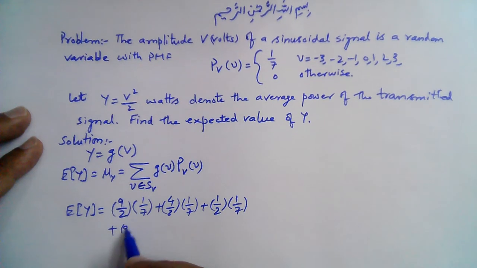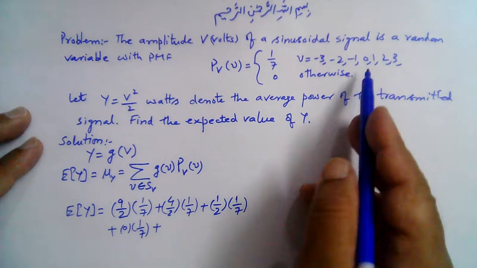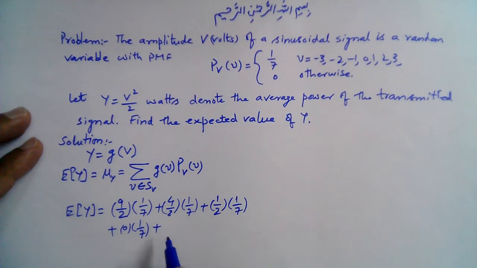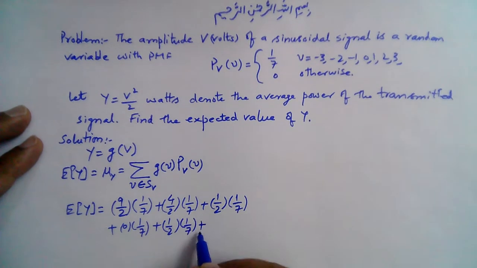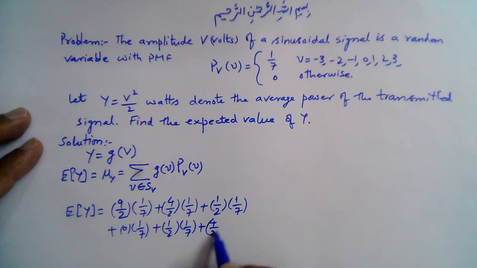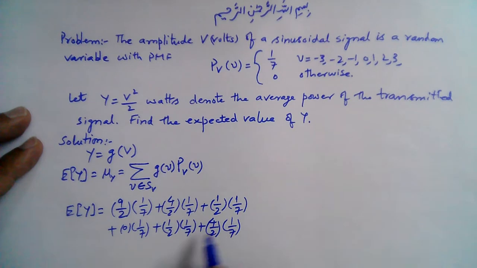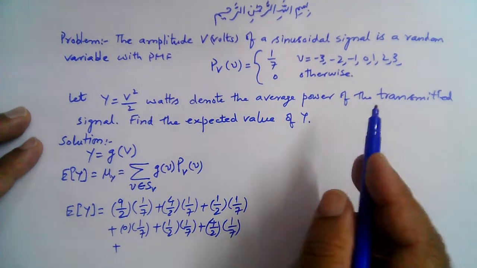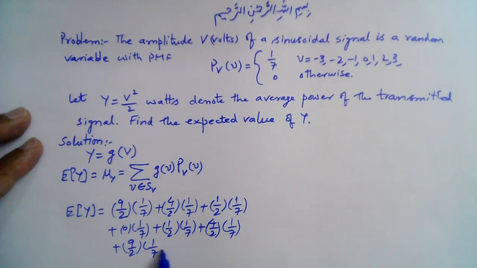So 0 multiplied by 1 over 7, and then again 1. So this is 1 over 2 multiplied by 1 over 7 plus 2. So that will be 4 over 2 multiplied by 1 over 7, and then 3, which is 9 over 2 multiplied by 1 over 7.